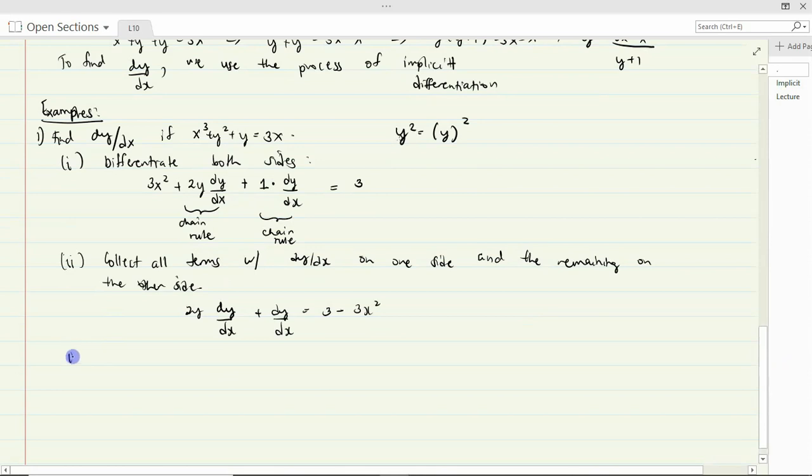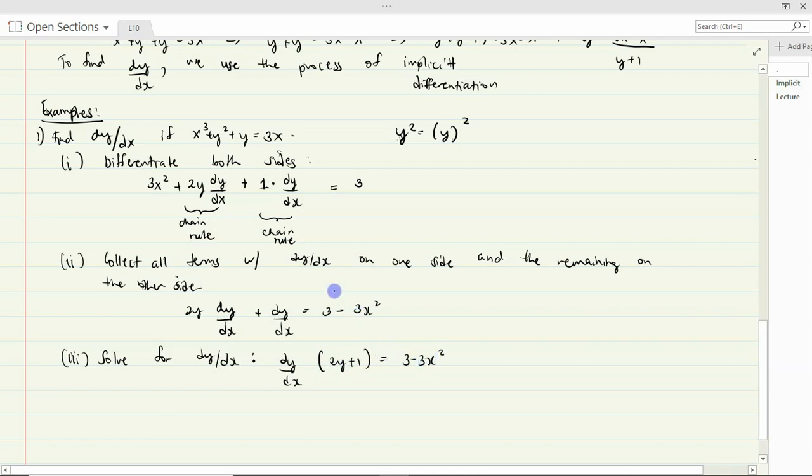And then, finally, ano yung third step? We solve for dy dx. So, mula dito, factor out natin si dy dx. So, you'll have dy dx times the quantity 2y plus 1 equals 3 minus 3x squared.